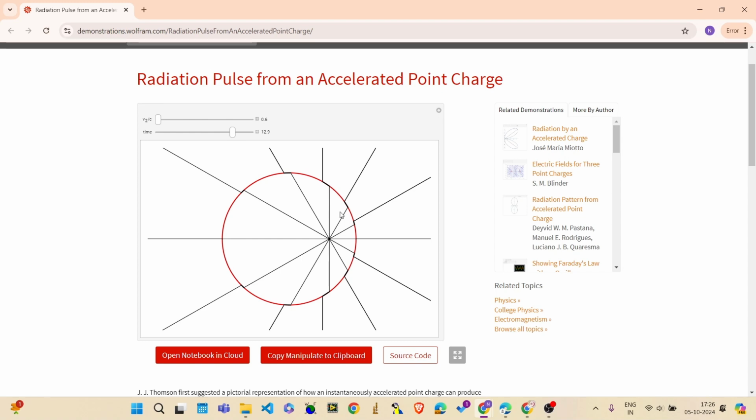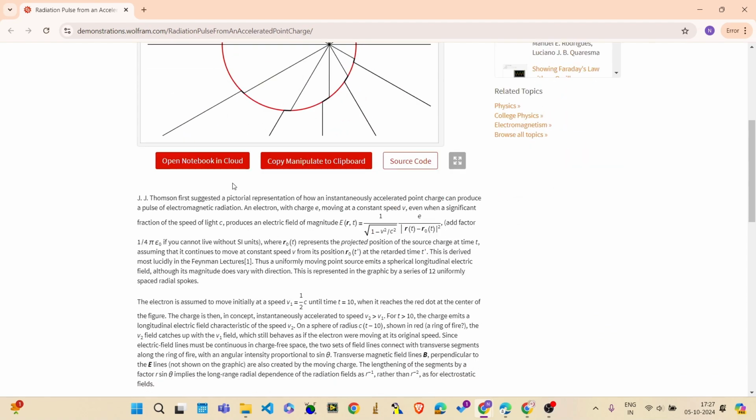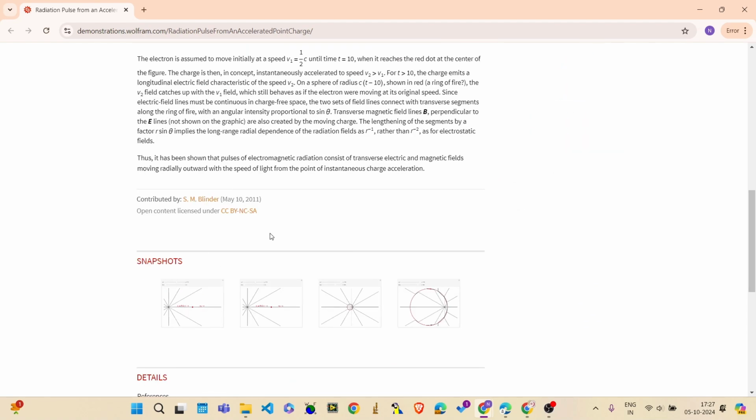Also, one thing you can notice is that the field lines are more in the positive x direction than in the negative x direction, because the charge is moving in the x direction, so we can expect more field lines in the positive x direction and fewer in the negative x direction. And there are tangential components present here. This component changes with time and gives rise to the magnetic field and electric field. Okay, so you can explore this also.